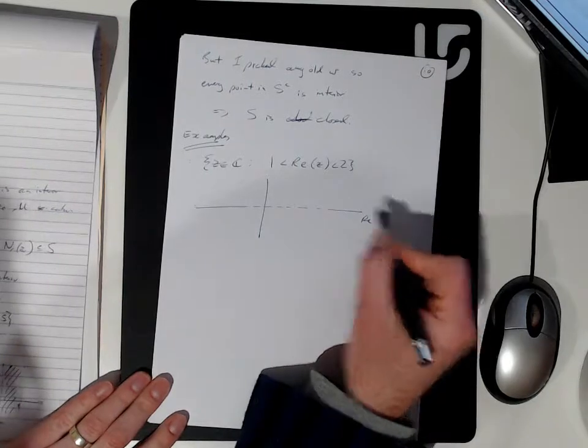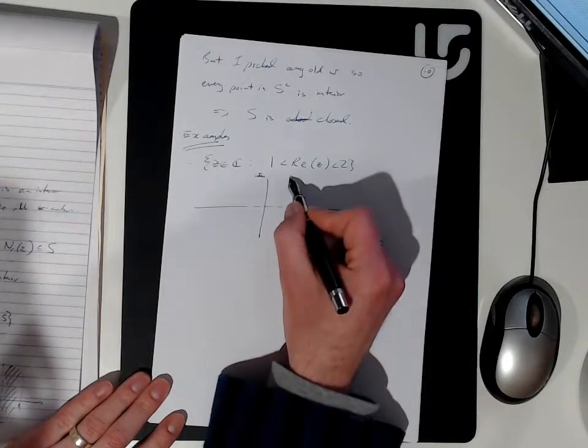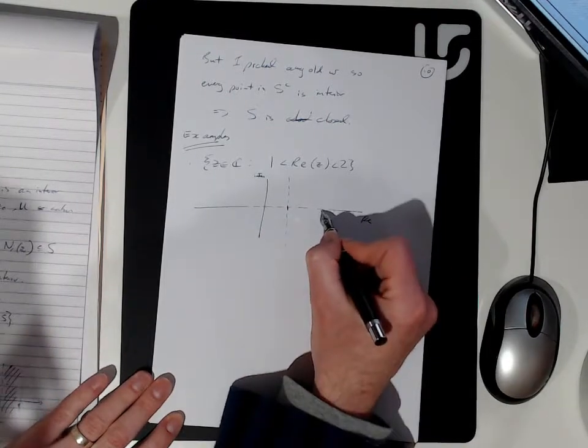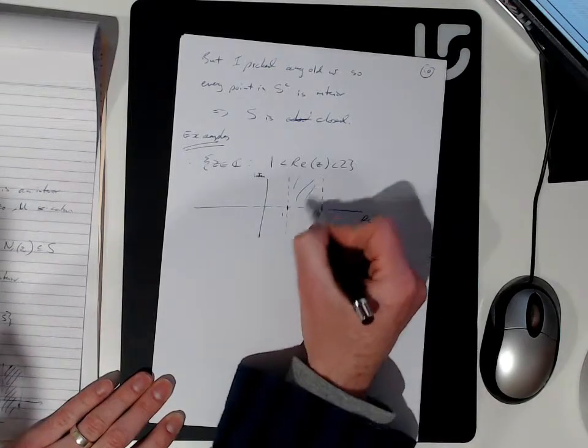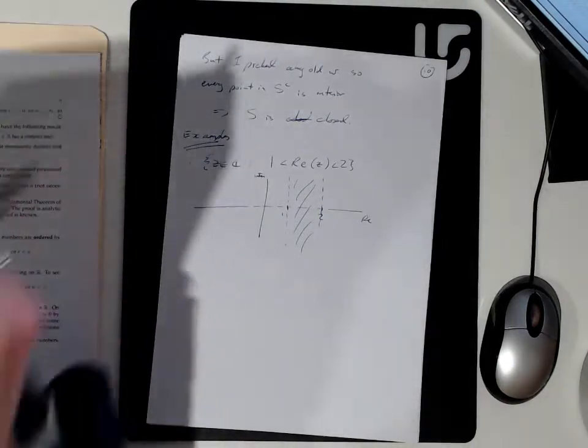Now there's the real part, and there's the i times the imaginary part. There's 1, and it's greater than, so we don't include 1. And there's 2, don't include that, and it has to be in between. So that's a horizontal strip.